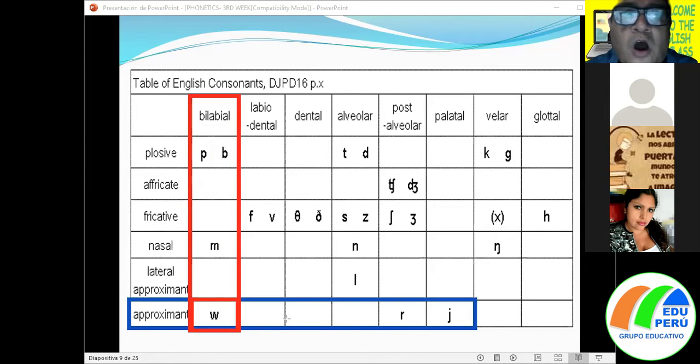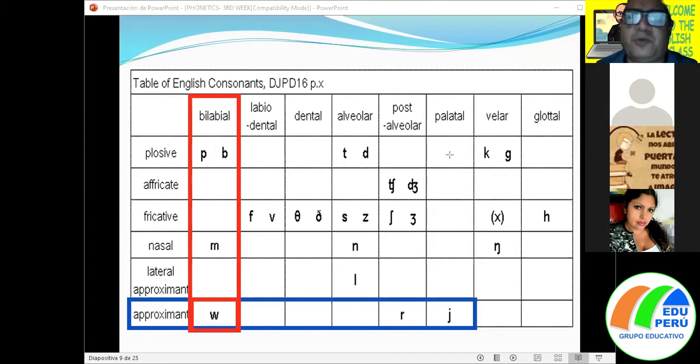Don't get confused. Teacher, this is W. No, it's not W. Remember, we're talking about sounds, not letters. As in the word water, or water in American and British English.